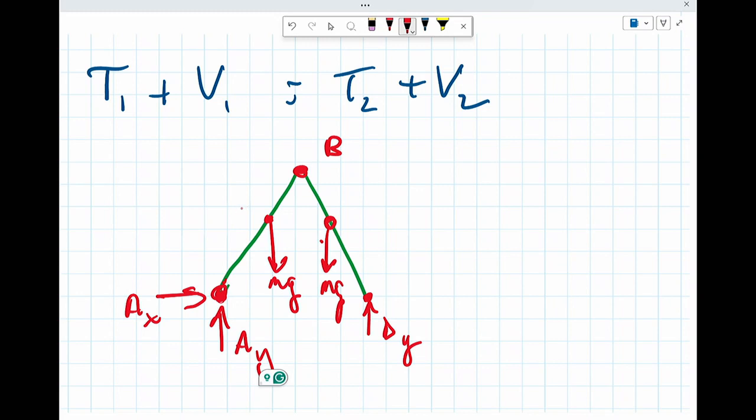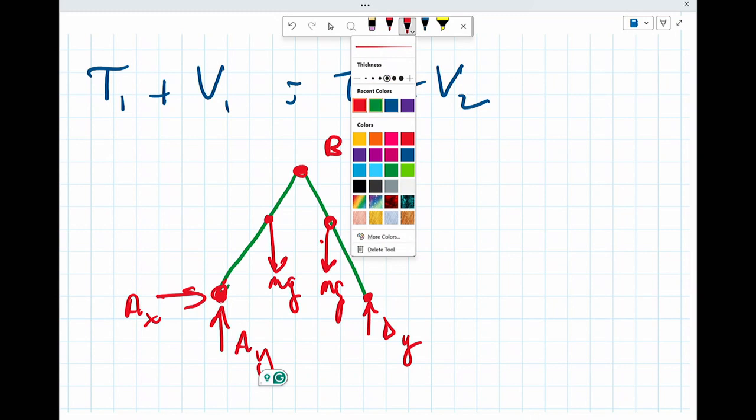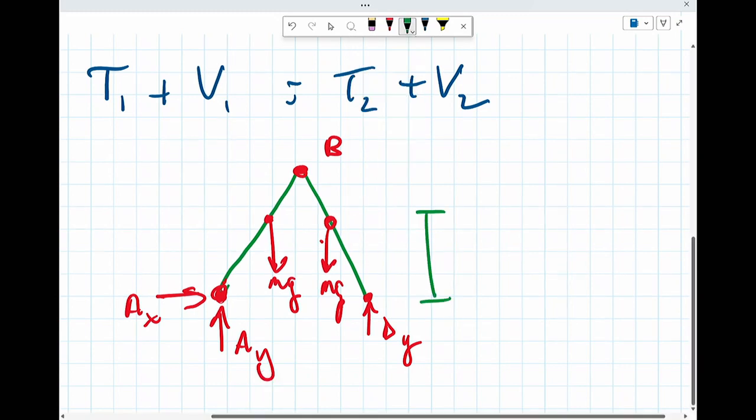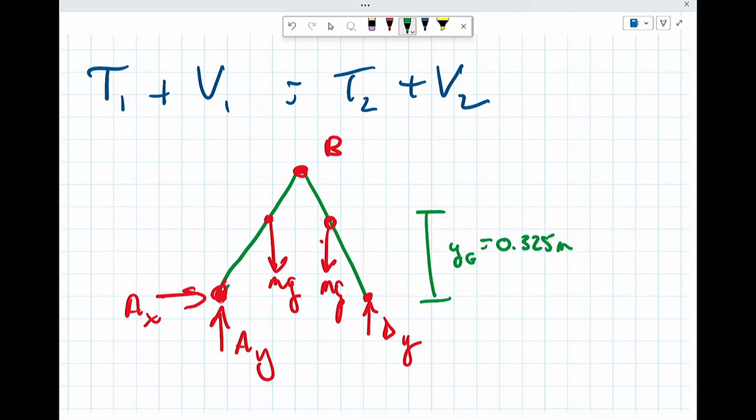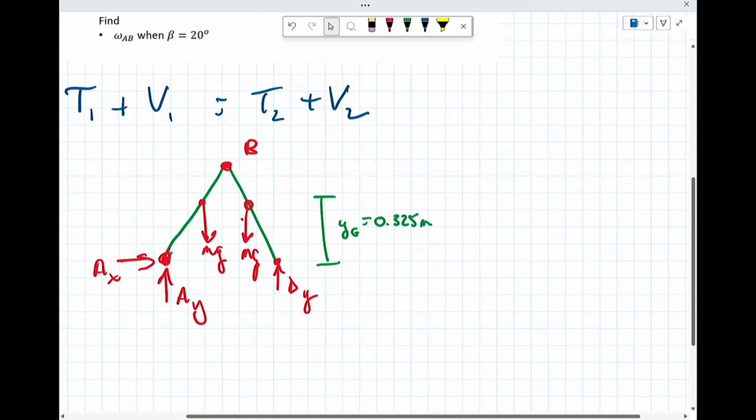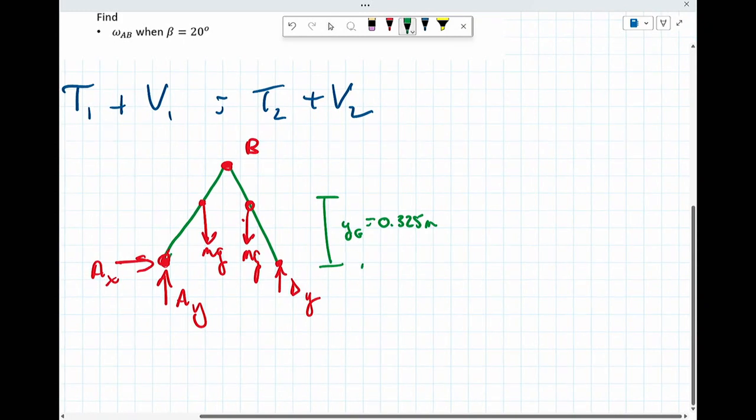And let's see, we can do this. And we've defined a datum at the bottom.